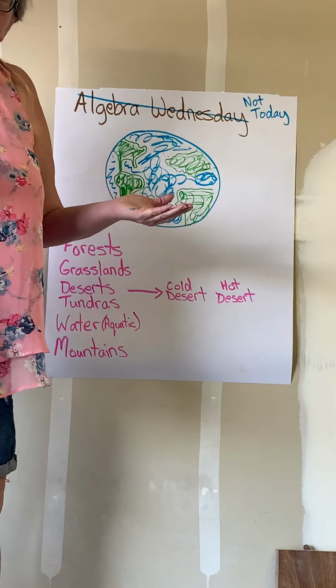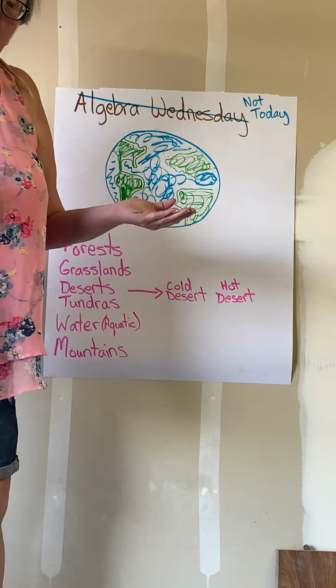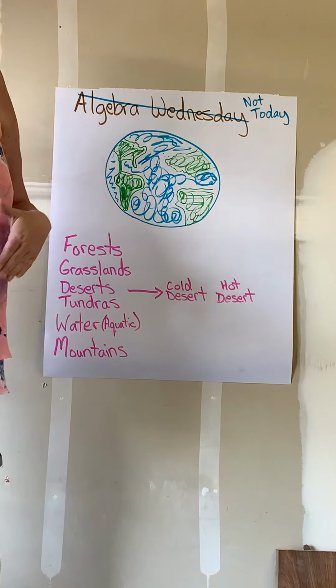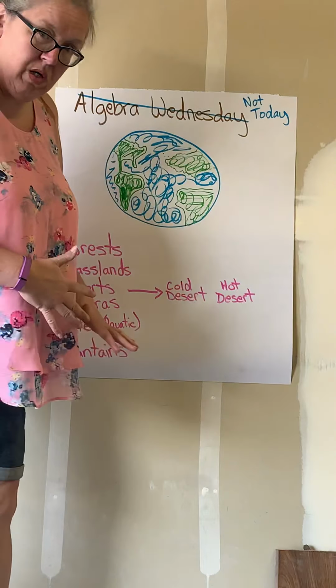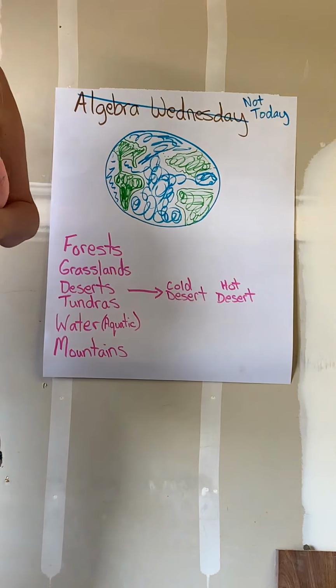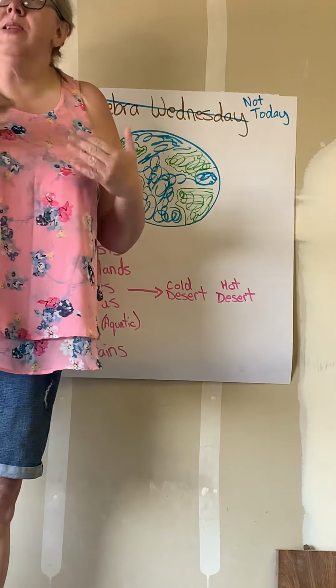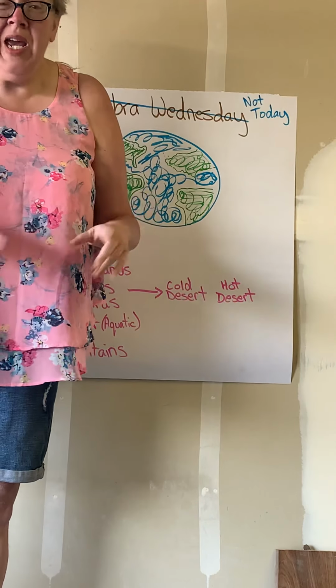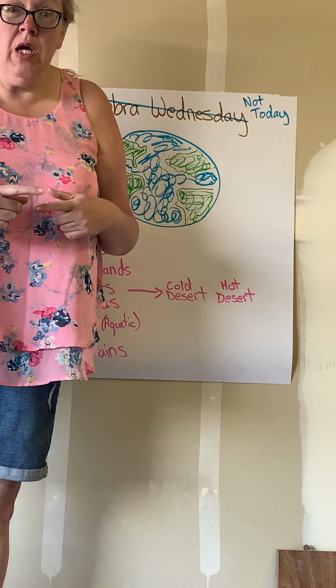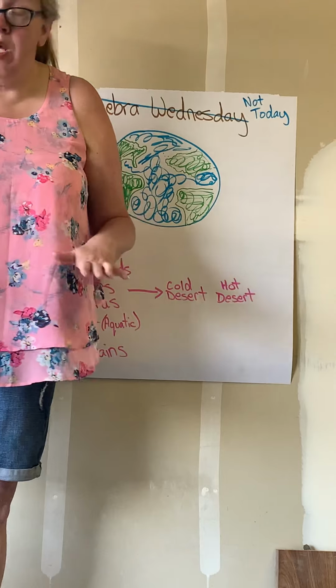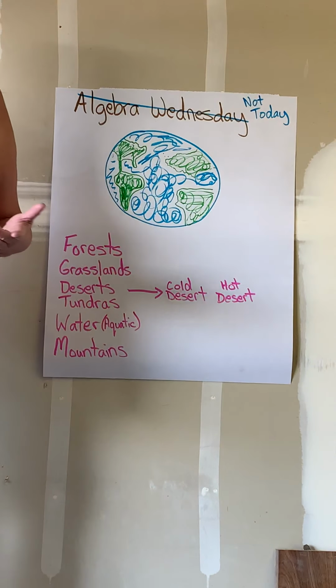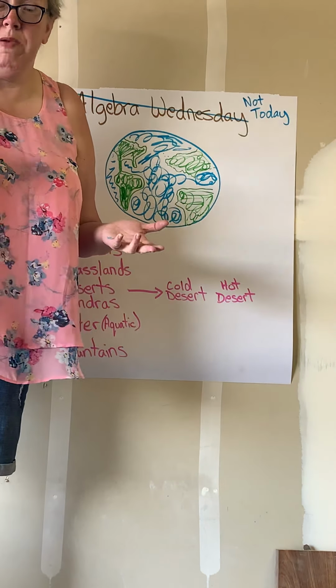Well, first, I want to talk about what makes a desert, okay? A desert is, land is called a desert if you don't have that much precipitation.